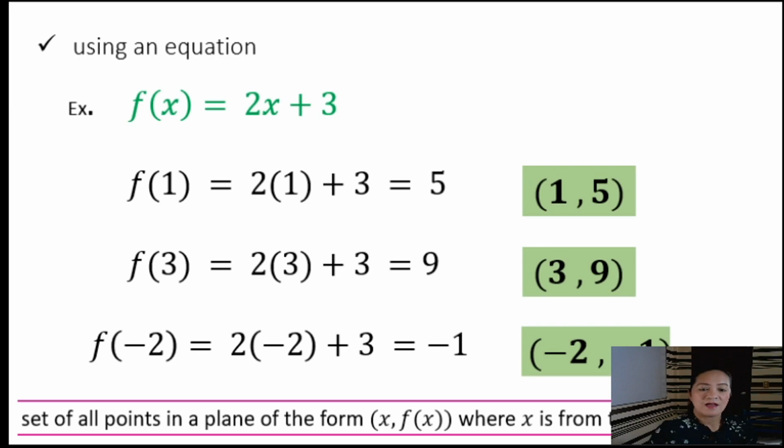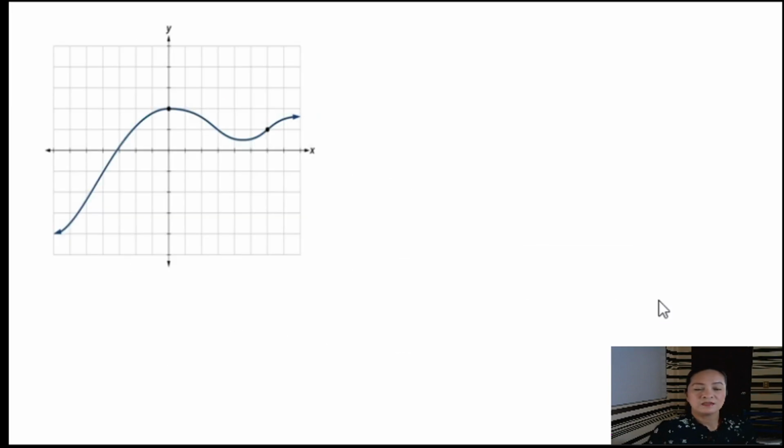Let's have this graph as an example. This one is a graph of a function. Bakit? Tignan natin kung bakit naging graph siya ng function. For any choice of x kasi dito, there is only one value of y.